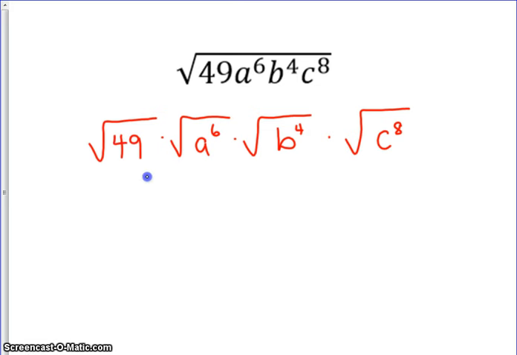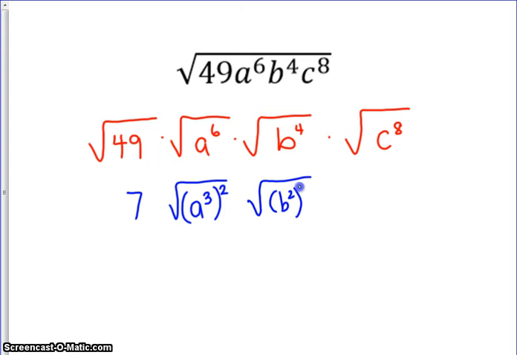Now the square root of 49 is a perfect square, so that's 7. The square root of a to the 6th is really the square root of a to the 3rd power raised to the 2nd power, because 3 times 2 is 6. The square root of b to the 4th is b to the 2nd, squared, and c to the 8th is really c to the 4th power to the 2nd power.